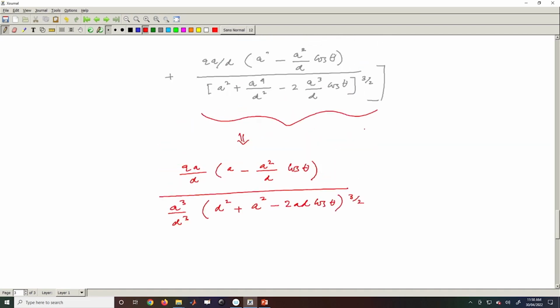So you can check whether whatever we had written is correct or not.